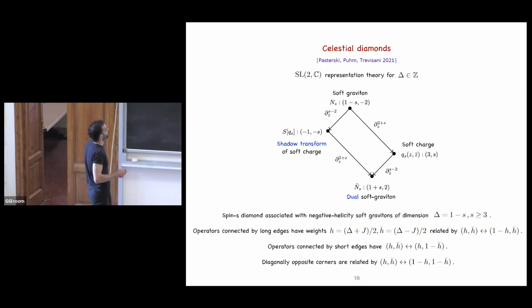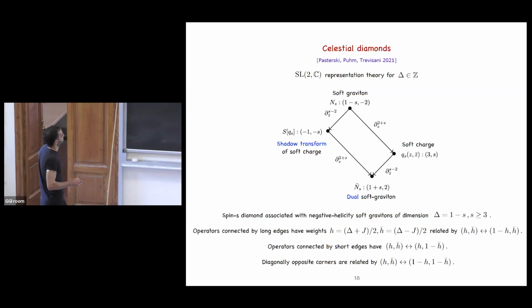You can convert z bar derivatives into z derivatives by doing a shadow transform. So this is a celestial diamond for the case where the spin is bigger or equal than 3.